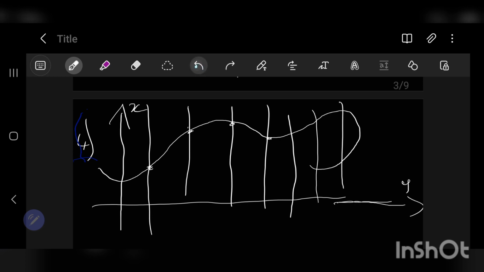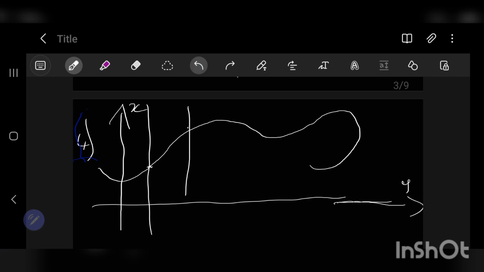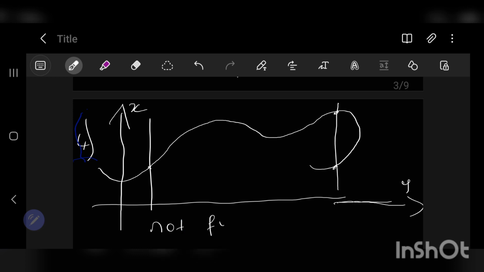So please, people, take note of that information, that even though you can draw it here and it touches once, you just don't conclude, people. Check it in the domain that you are given. So in this case, when I draw it here, it touches this graph at 2 points. So this does not qualify as a function.